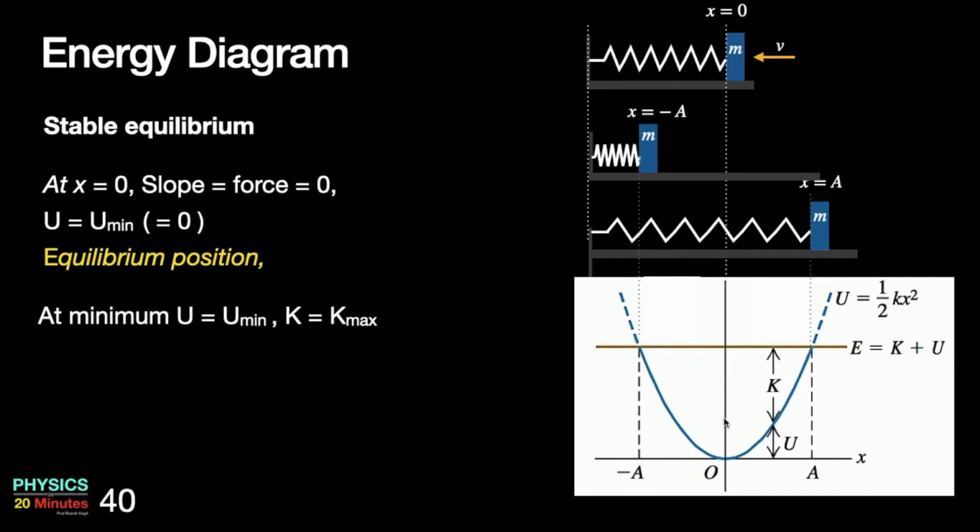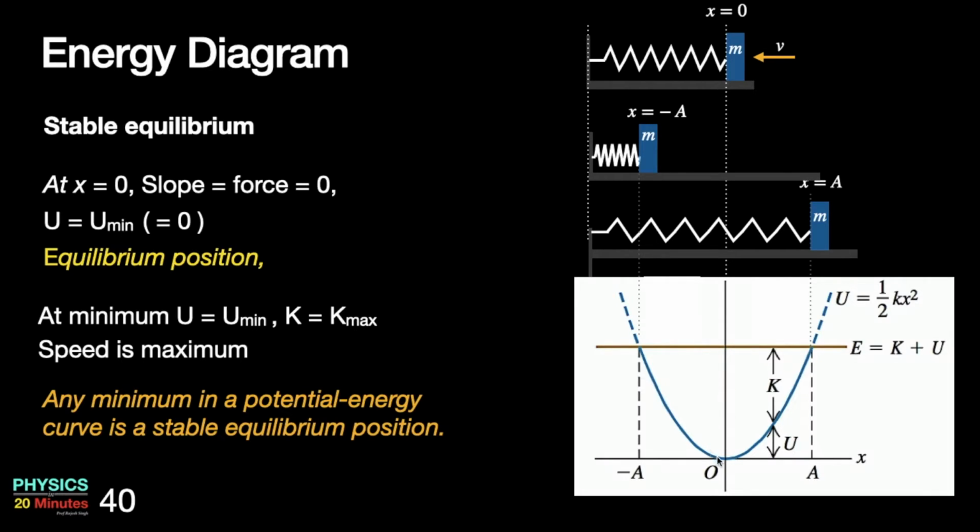Since u is minimum, the rest of the energy has to be kinetic. Since the kinetic energy is maximum, the speed of the particle is maximum. We know that the kinetic energy depends on the speed, half mv squared. So here the speed of the particle is maximum.